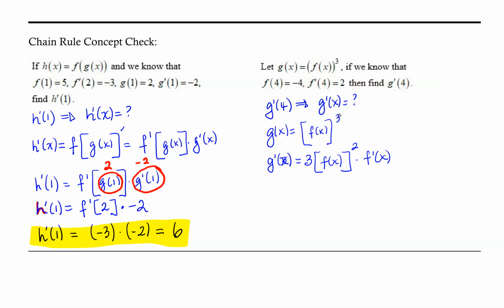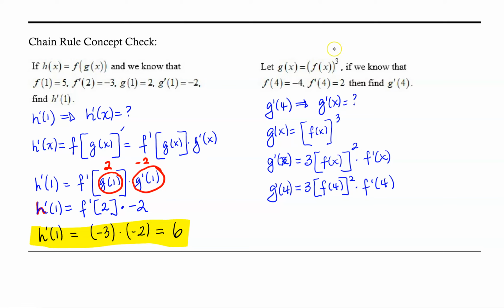And at this point, we have our derivative, so we can start to find out what is g prime at 4. So g prime at 4 is equal to 3 times f of 4 squared times f prime at 4.